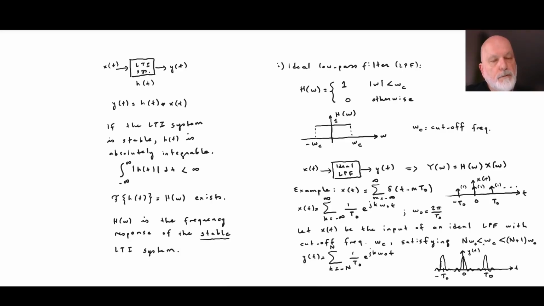So the action of the low pass filter in this case is to pass only those frequency components with frequencies in the range from minus omega c to omega c, and the other frequency components, the high frequency components, are rejected.